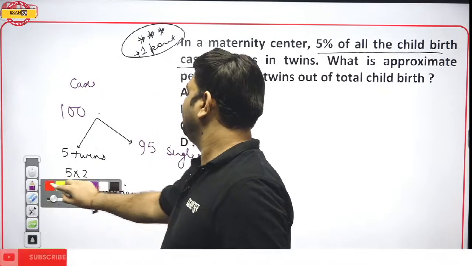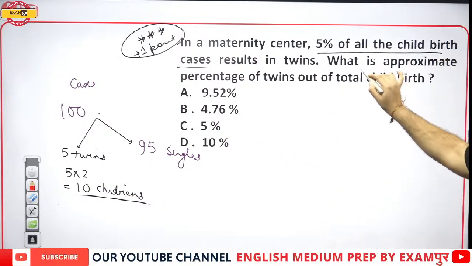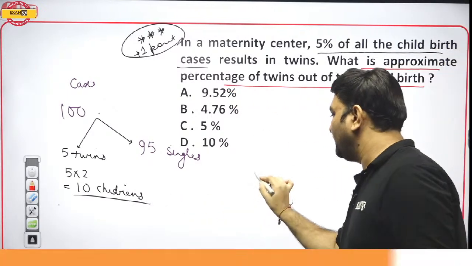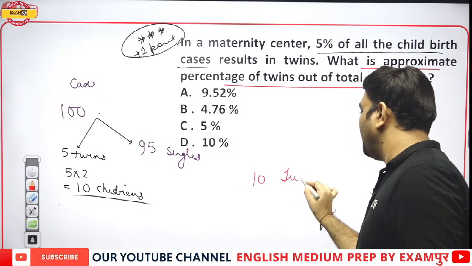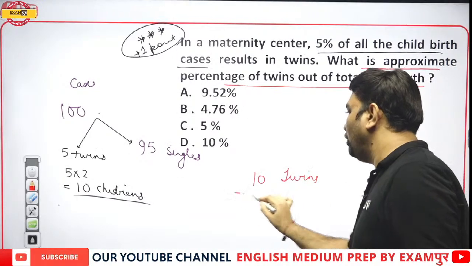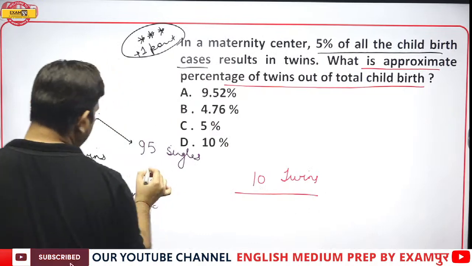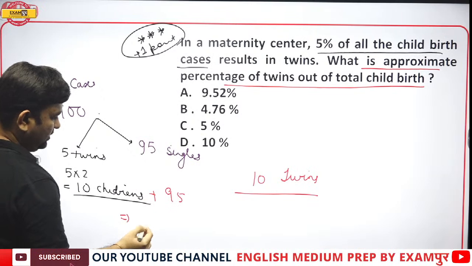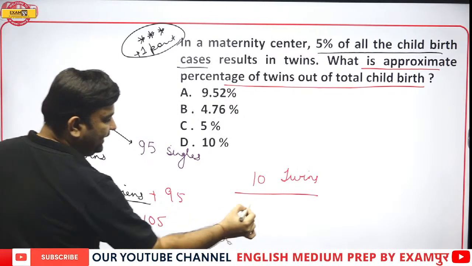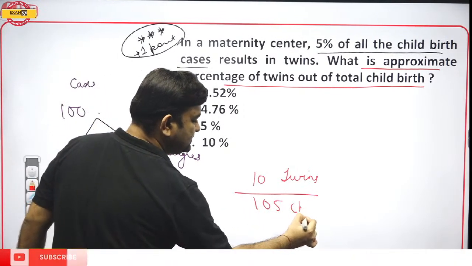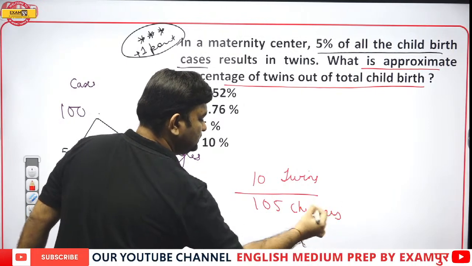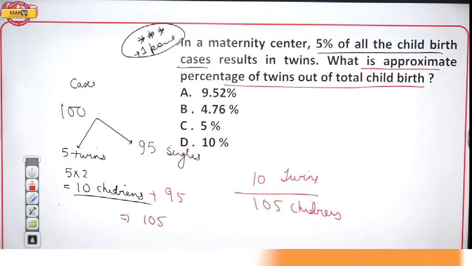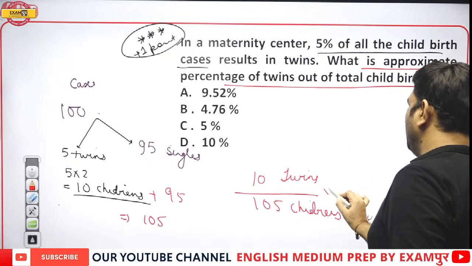So what is the approximate percentage of the twins out of total children? There are 10 twins out of a total of 10 plus 95, so total children are 105. 10 twins over 105 children, which is into 100.